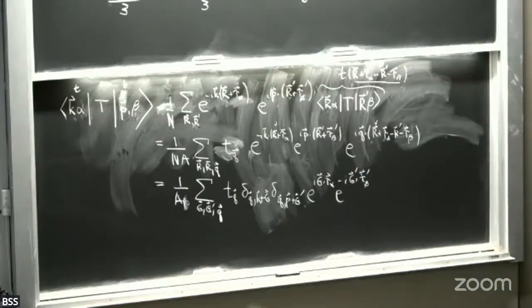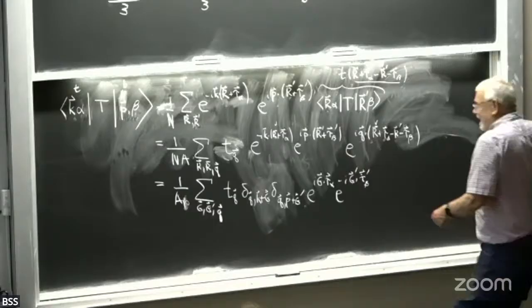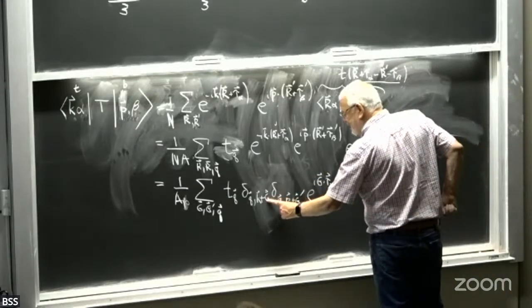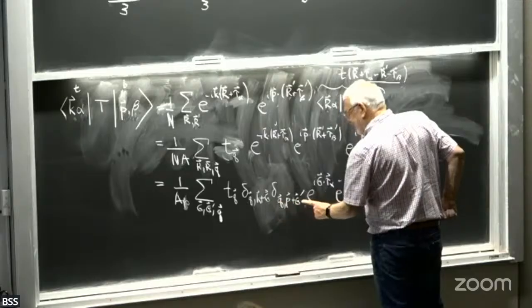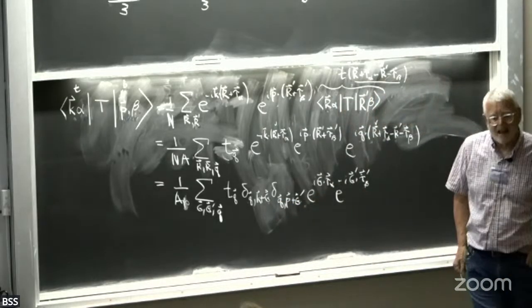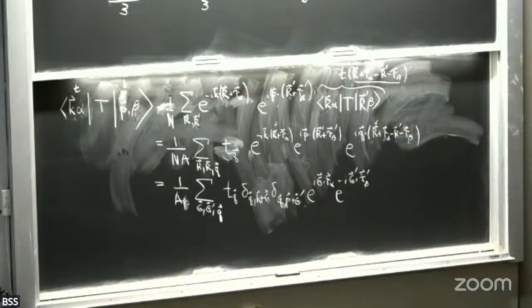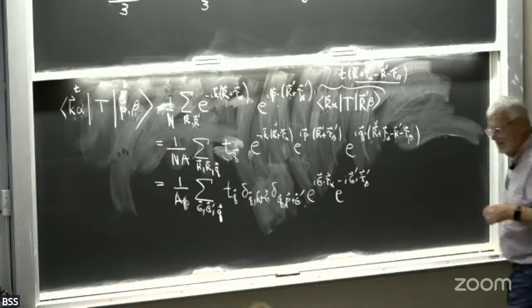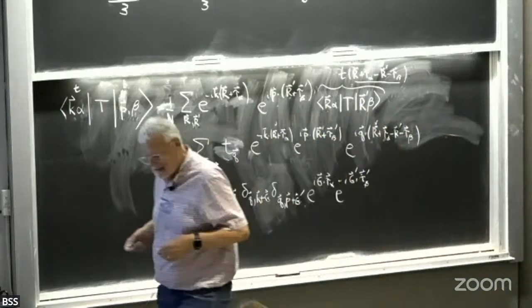And so if I pick a reciprocal lattice vector G, then G prime has to be the rotated version of the same reciprocal lattice vector. G prime is rotated, but it has to differ from G by a reciprocal lattice vector.